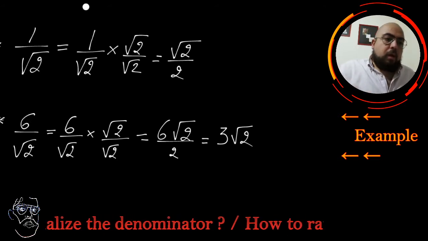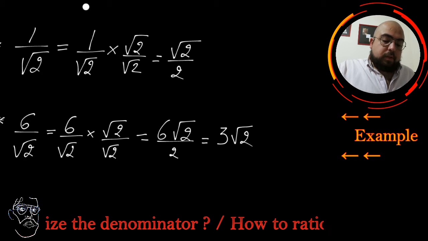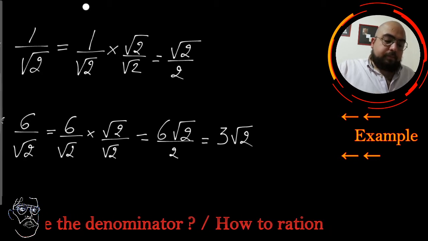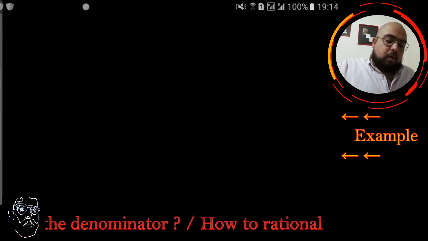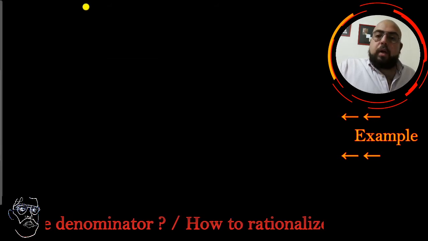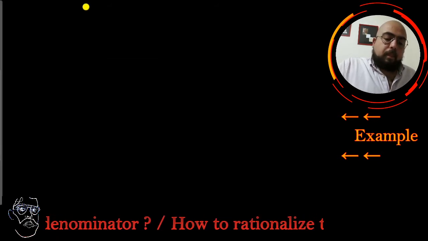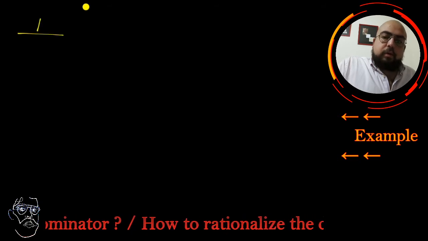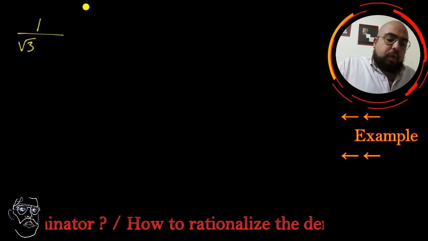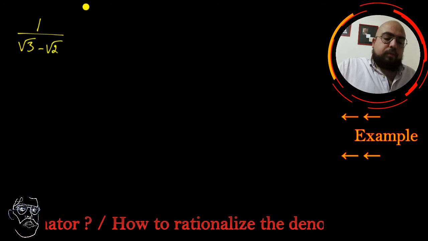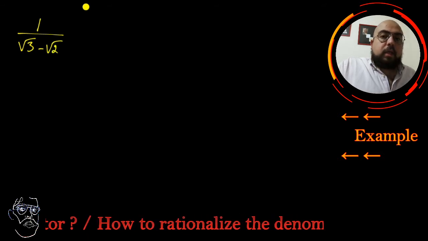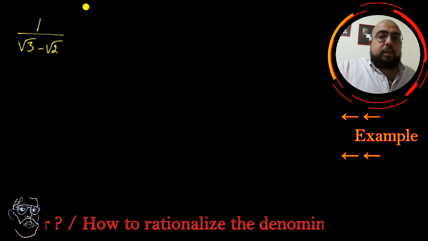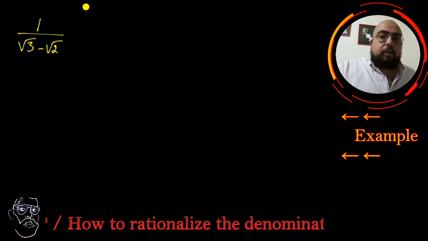Alright, now let's take some other examples. What about 1 over square root of 3 minus square root of 2? As you can see, it's quite different than the previous two examples.